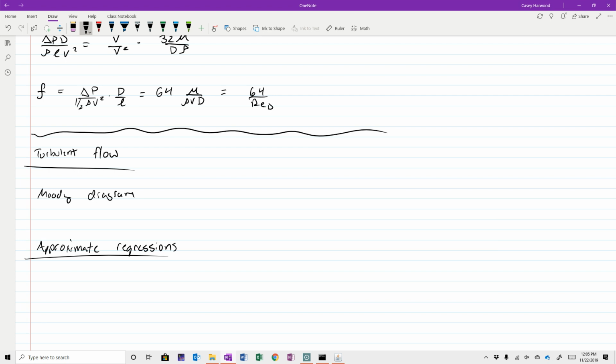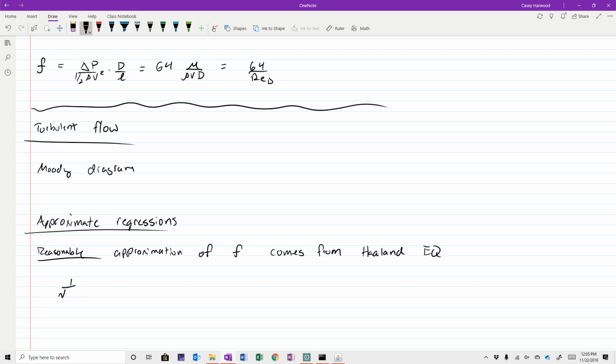A very reasonable approximation of f comes from what's known as the Haaland equation, which is 1 over the square root of f equals negative 1.8 log of (epsilon over D over 3.7) to the 1.1 power plus 6.9 over the Reynolds number.